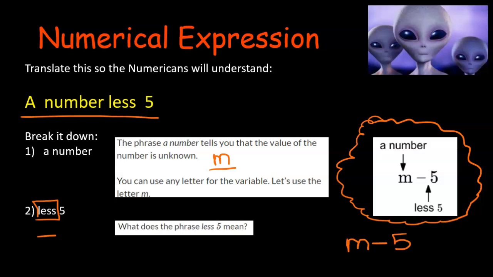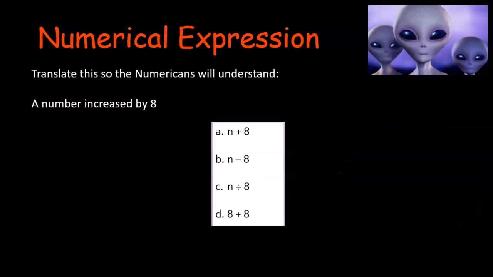Let's try another one. Translate this so the Numericans will understand. A number increased by 8. Okay, a number. Let's circle our number. And then we have also our clue word, increased. Now that's a clue word for addition.